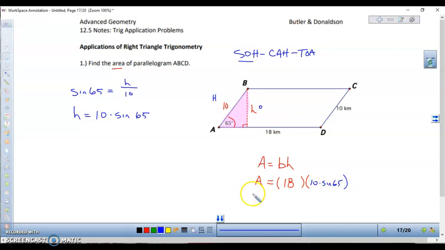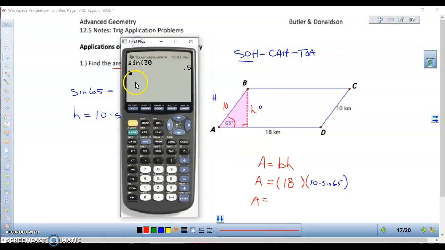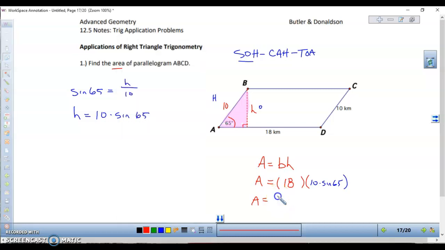Notice I'm not going to round anything until the very end. Let me get out my calculator. I just typed in sine of 30 and got 0.5, to make sure it was in the correct mode. Now 18 times 10 times the sine of 65. So the area will be roughly 163.1 kilometers squared.